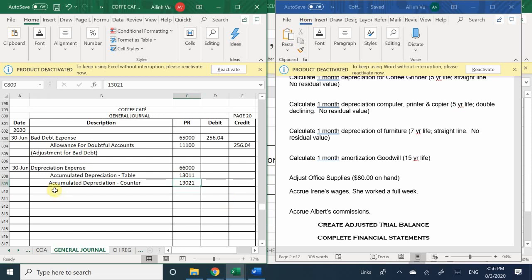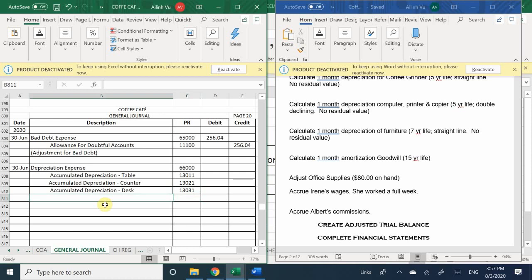Counter and desk set would be 13030. No, 13031 would be accumulated depreciation for desk.